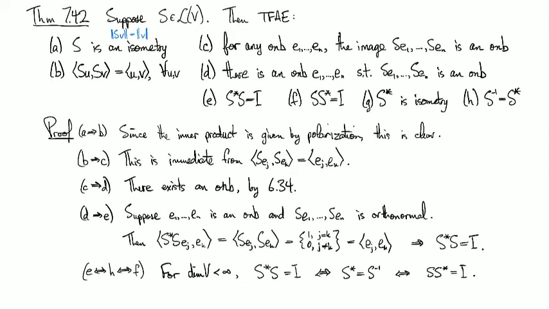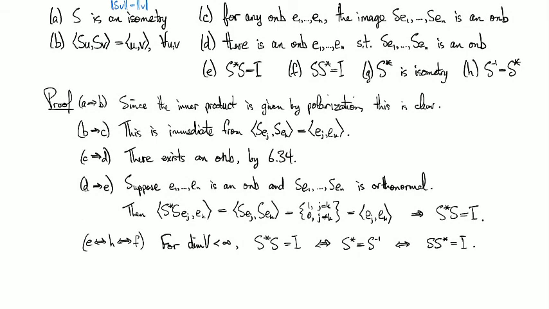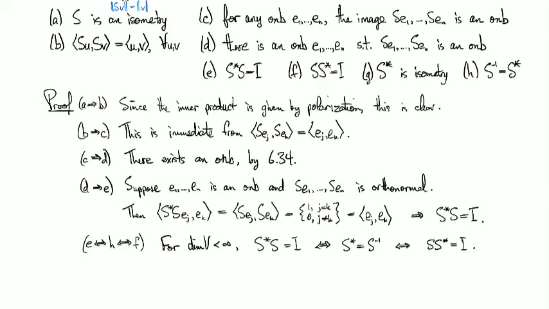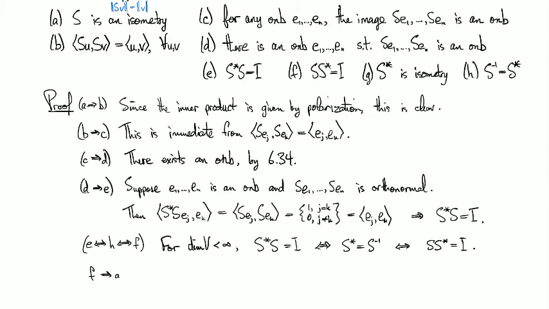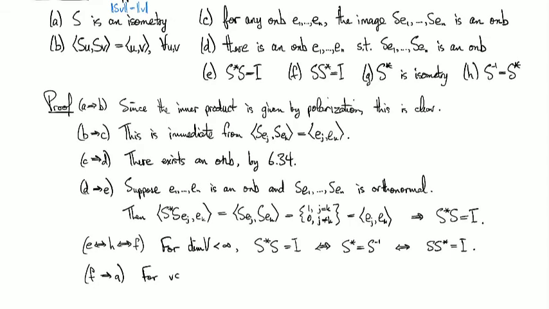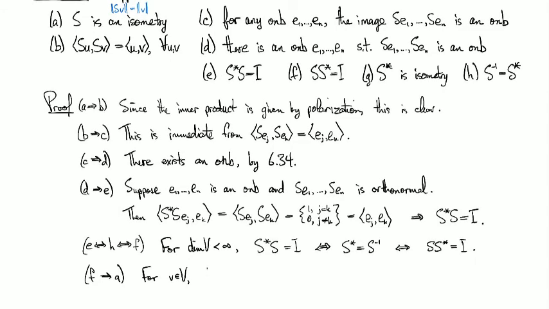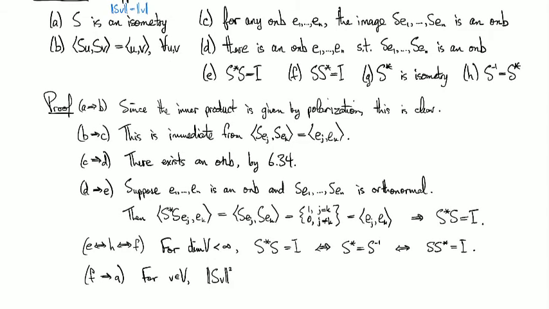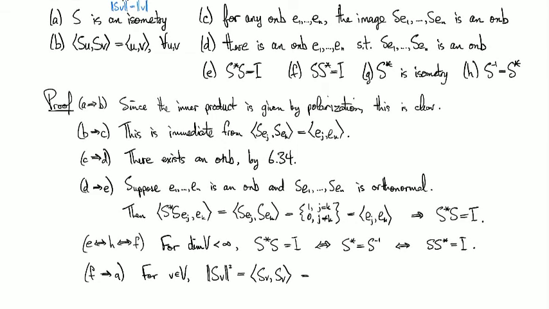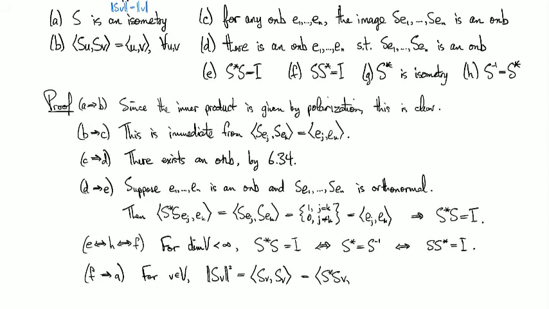Okay, so since those are all equivalent, D implies E and E implies F, and now I just need to do F implies A to wrap around all of the conditions except for G. So I'll do F implies A. If I take V and look at the norm squared of SV, then this is the inner product of SV with SV, and I can bundle the S star onto the other side using the definition of the adjoint.